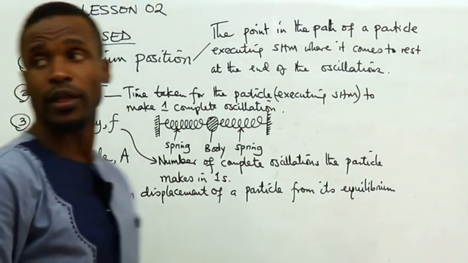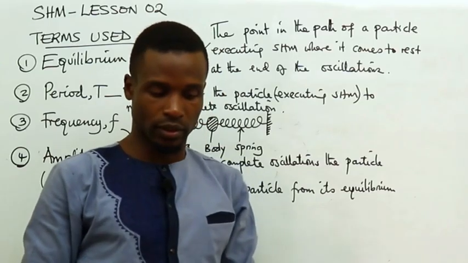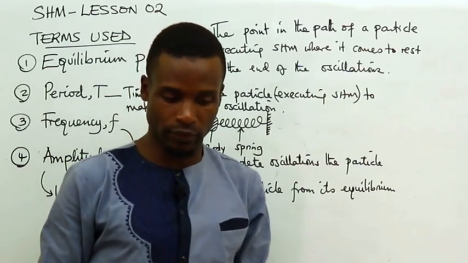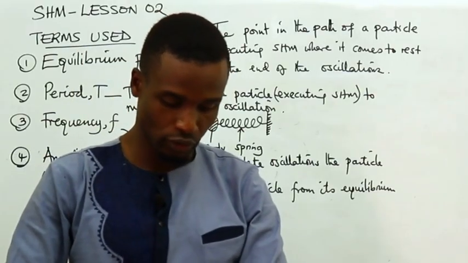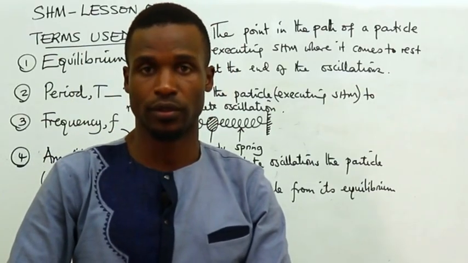So we are looking at the maximum displacement of a particle from the equilibrium position. That gives you the amplitude.